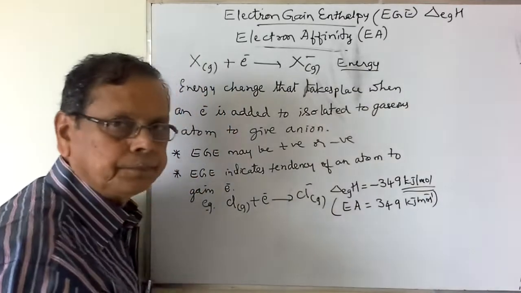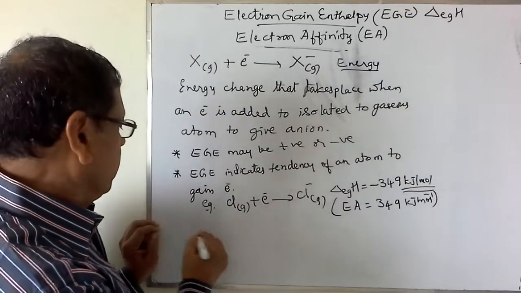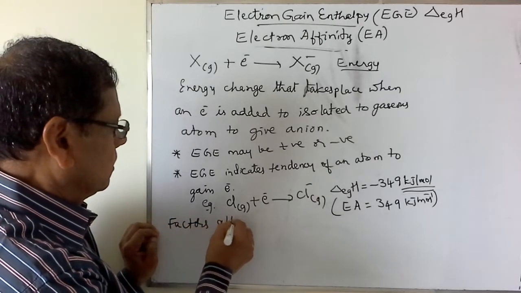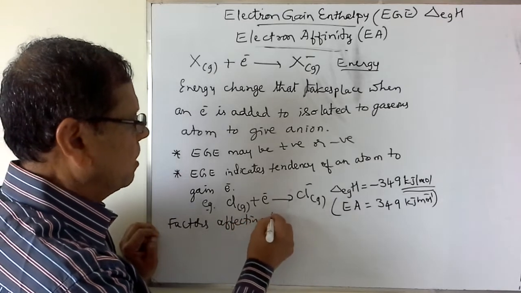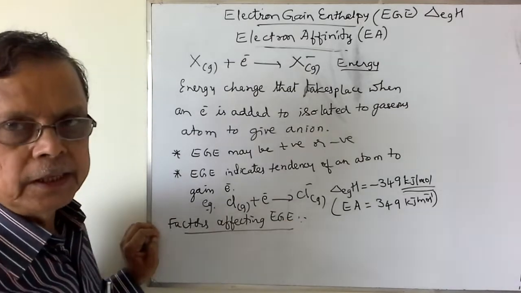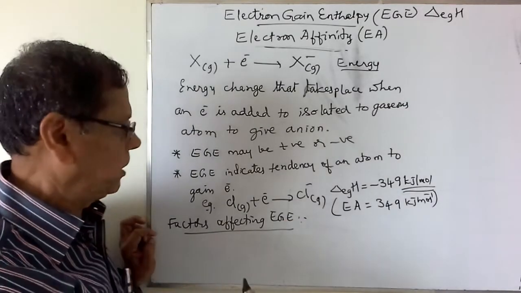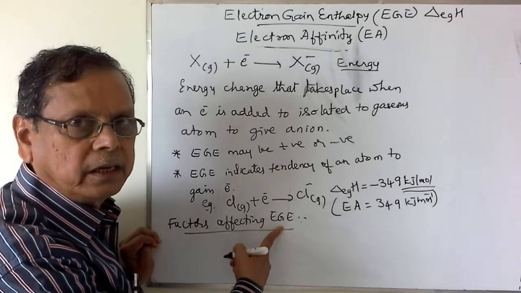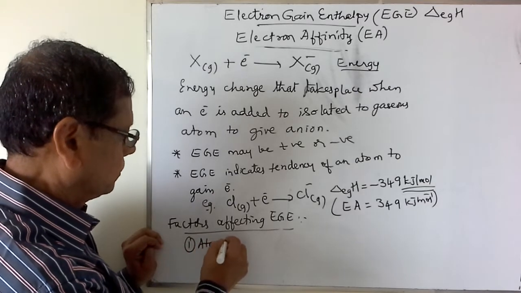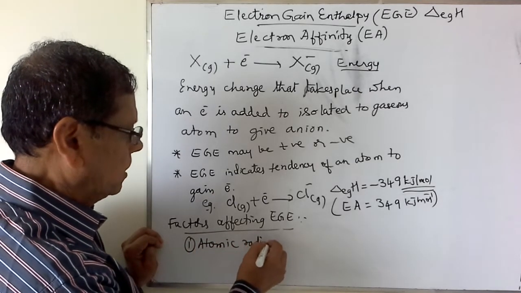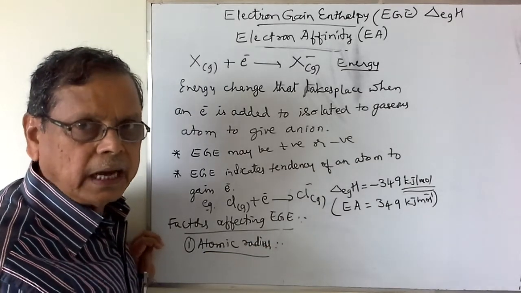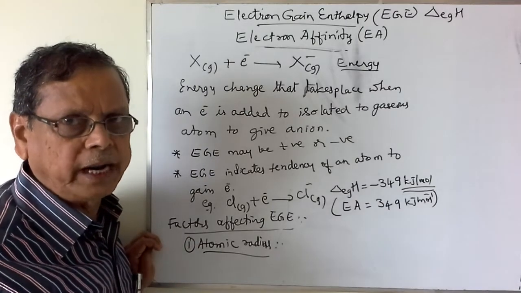Now let us see the factors affecting electron gain enthalpy. There are three important factors on which we can explain the variation of the electron gain enthalpy. The first one is atomic radius. As atomic radius decreases, electron gain enthalpy becomes more and more negative.